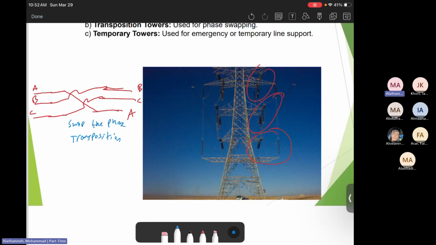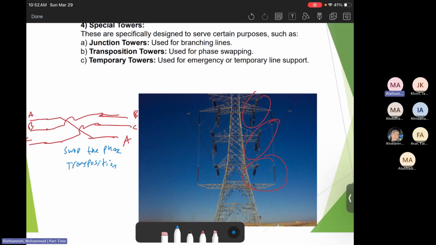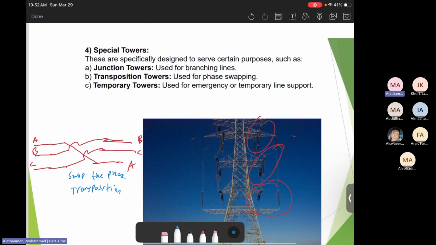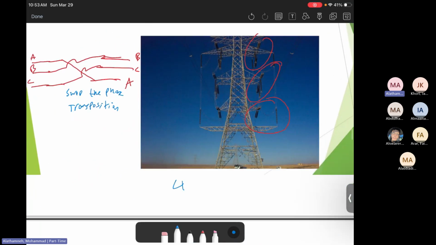Using this tower. This is a special purpose tower. And for the transposition, it is like this: 4, and this is a double, D, and we call it TR. TR means transposition. So the notation for it is TR, for transposition.